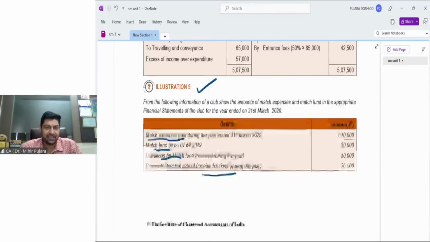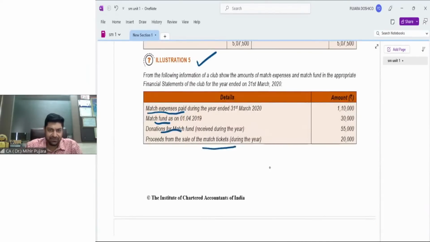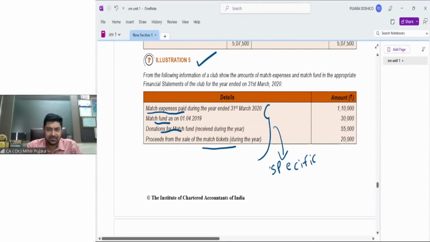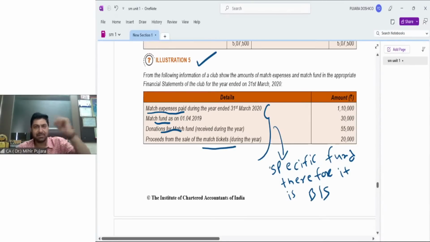So guys, first point is that this is a specific fund, it's a match fund, and therefore it is part of balance sheet.